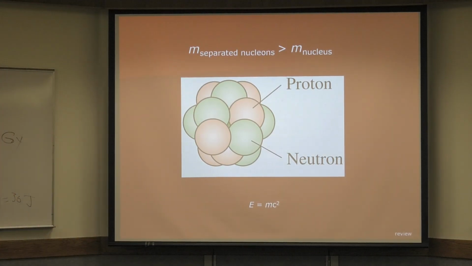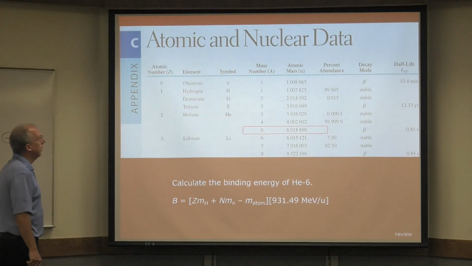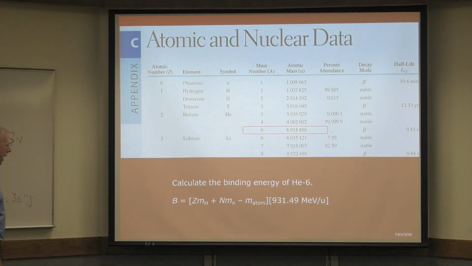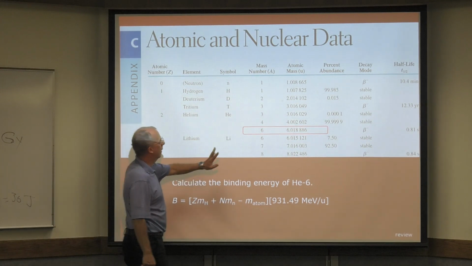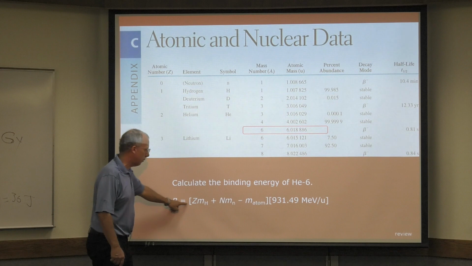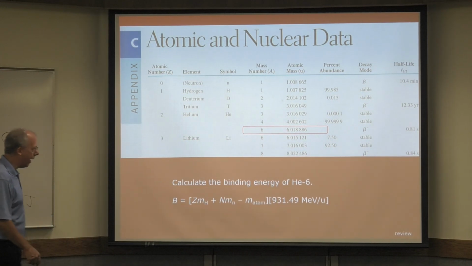The mass of the separated nucleons was greater than the mass of the nucleus itself. And we had to use this to explain that. If you want to calculate the binding energy, well, we learned how to use this formula with our appendix C. Just calculate the binding energy.